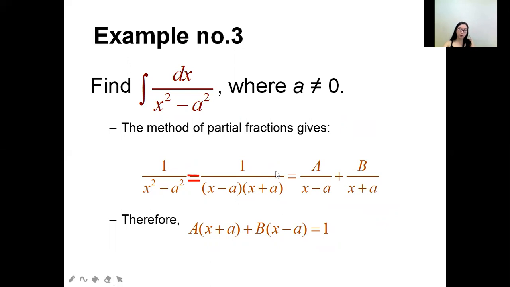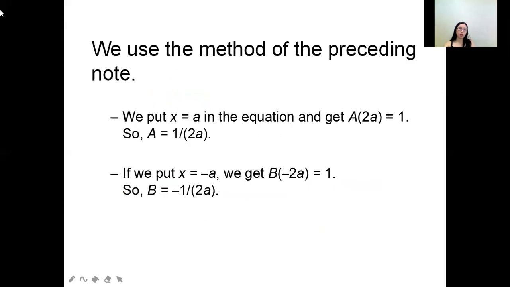Then we use partial fractions, so we have capital A over x minus a plus capital B over x plus a. Therefore, A times x plus a plus B times x minus a is equal to 1. So we use the method of the preceding note.